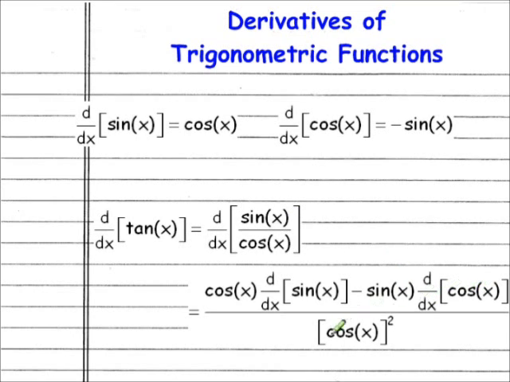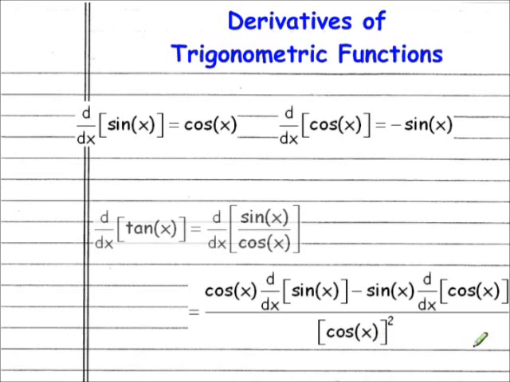And then of course we divide all that by the denominator of the quotient squared. There's our square. Now let's go in and calculate each of these, because we know the derivative of sine of x is just cosine x, and we know the derivative of cosine x is just negative sine x.